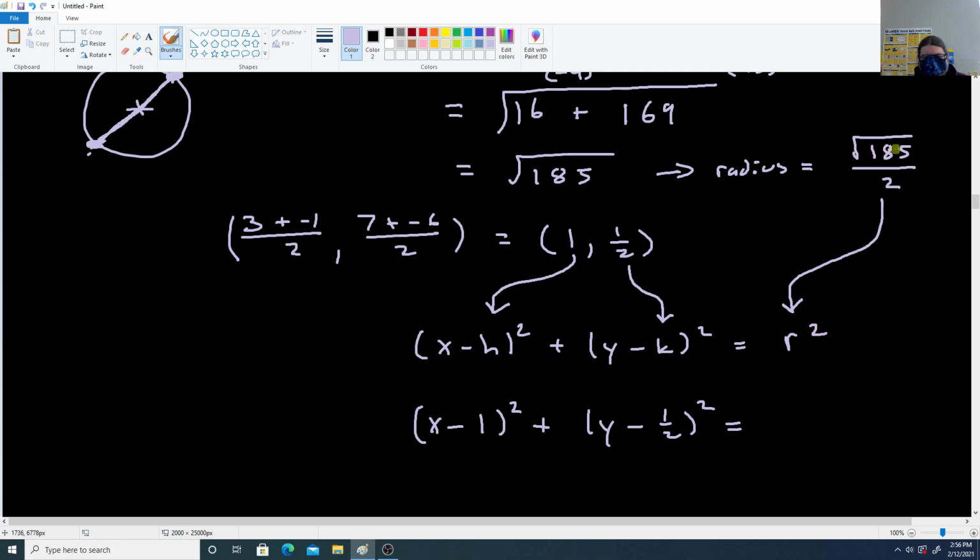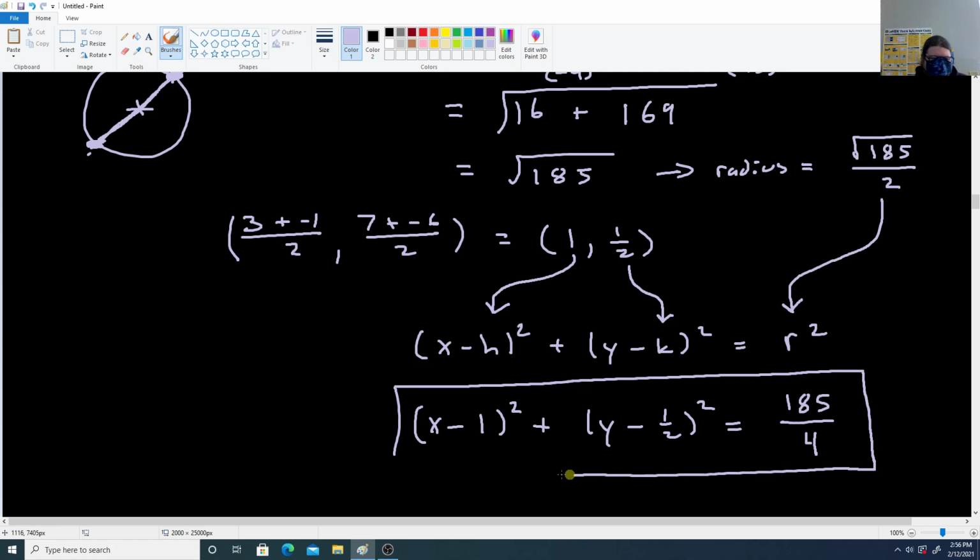When you square the square root of 185, that gives you 185. And when you square 2, 2 squared gives you 4. And this right here would be the equation of the circle that's represented by that situation. And that should pretty much wrap up section 2.2. So we'll stop there and we'll cover some more next time.